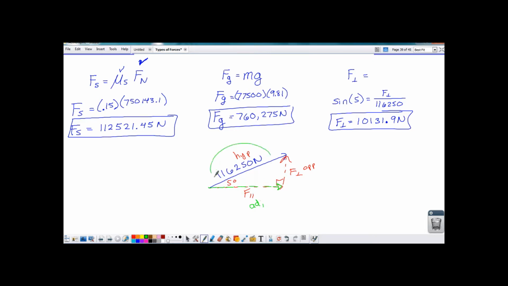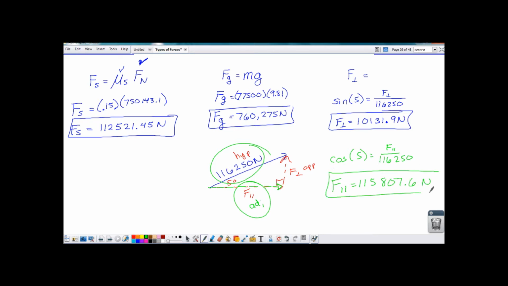So I'm going to use the hypotenuse and the adjacent, so cosine. The cosine of 5 is equal to the parallel side over the hypotenuse, 116,250. Multiply both sides, and we find the parallel component is equal to 115,807.6 newtons.